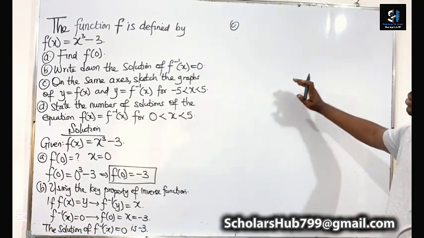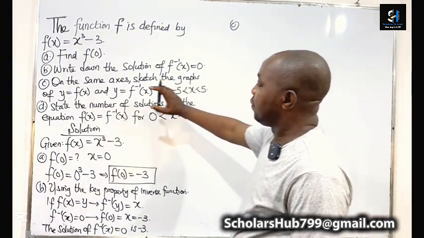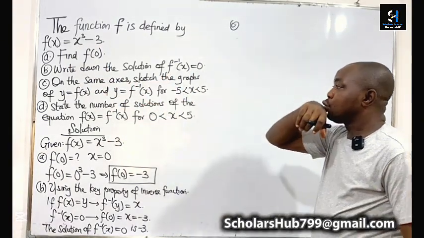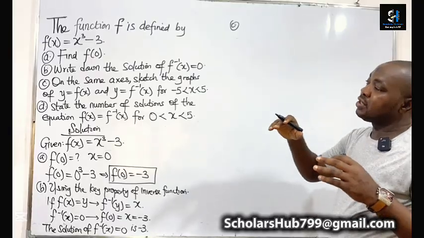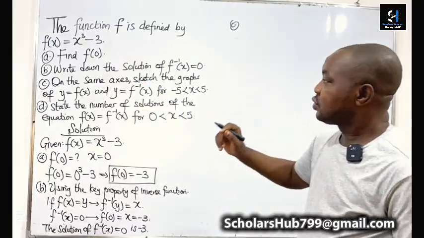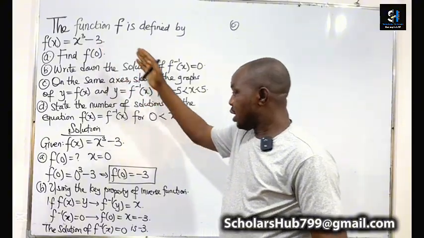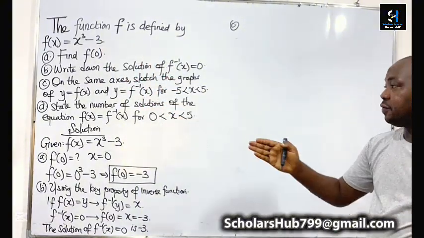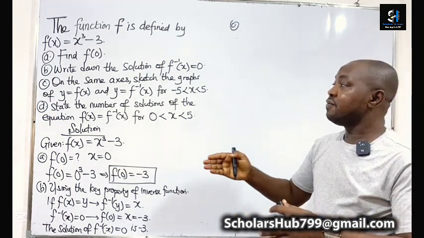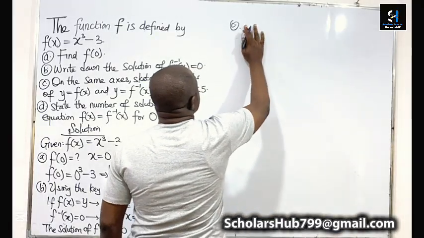Okay, in this case, to be able to sketch the graphs of the original function and its inverse, I'll need to first find the x-intercept and y-intercept for the original function, and the x-intercept and y-intercept for the inverse function of x, which is the inverse of f of x.